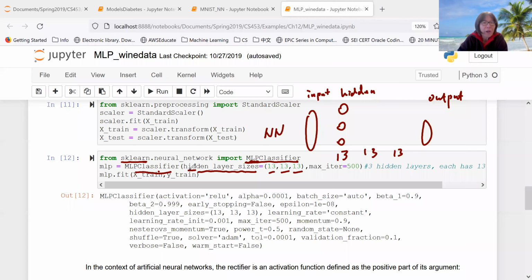Okay, so over here to use 3 hidden layers, and this is for the maximum number of iterations. And then we train the data. Okay, so this is also similar as what we have learned so far with all of the sklearn models. So you initialize model, then you plug in the training data, okay, to do the training.